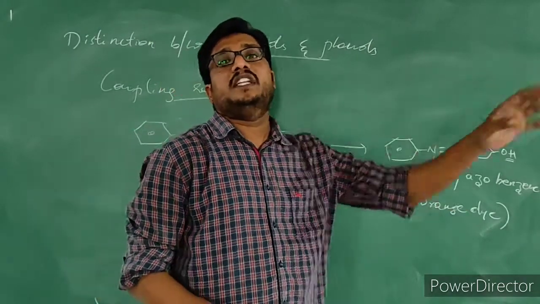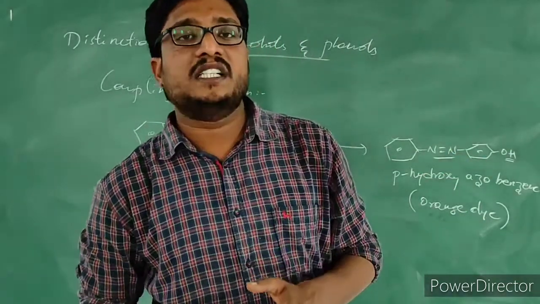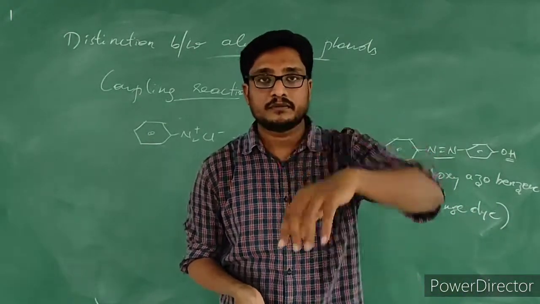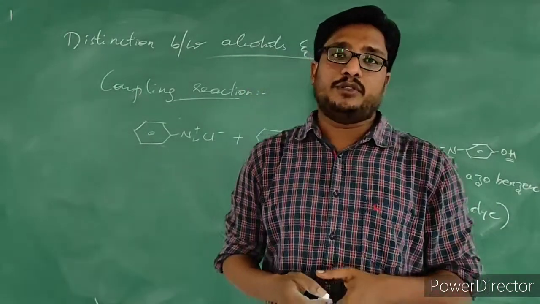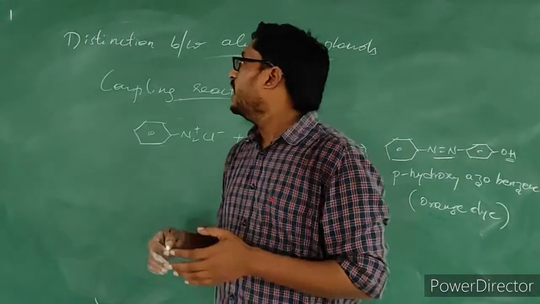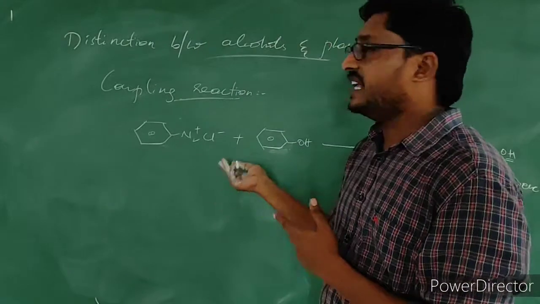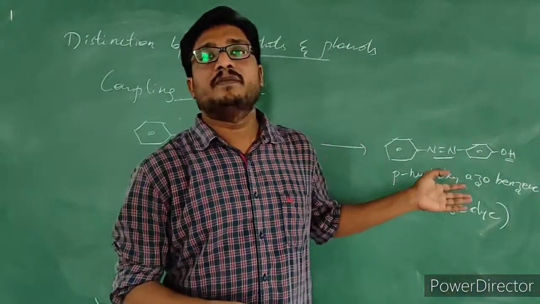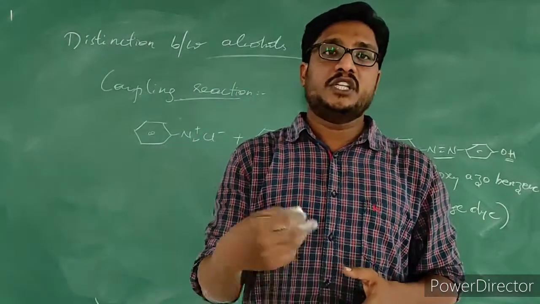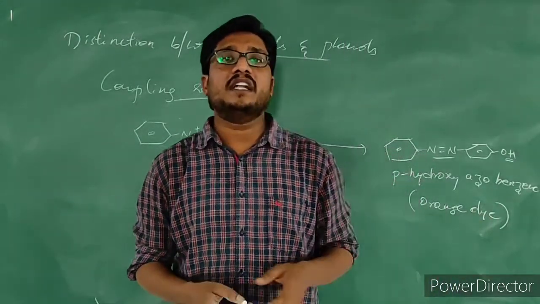So phenol on reaction with benzene diazonium halide produces dyes, azo products. Whereas alcohols will not react with benzene diazonium halide to produce azo products. So this is also a distinguishing test for alcohols and phenols.